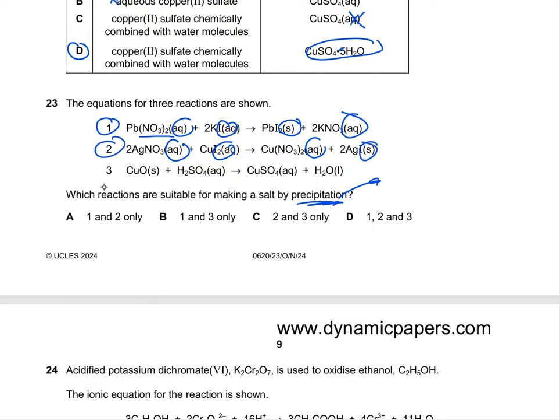So two is true. Three is a solid and an aqueous reacting together. So that's not true, because precipitation means that two aqueous solutions react together to give one aqueous solution and one solid. So it's one and two. So the answer is A.